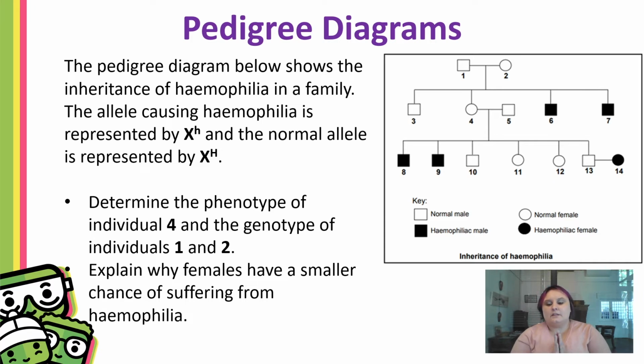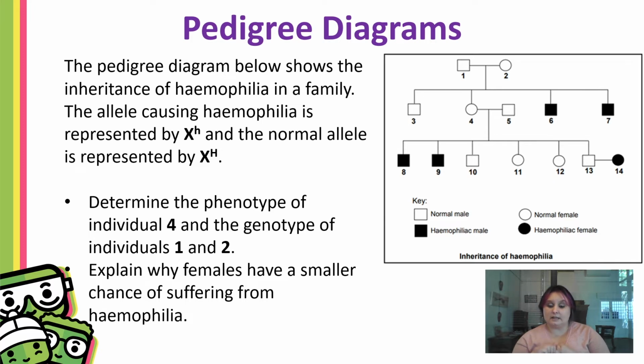The pedigree diagram, important to note also, always represents a male as a square. So if you see a square on a pedigree diagram, it is always a male. If the square is not colored in, so it's white inside, that means that that is a normal male, and that is a male that does not have hemophilia.